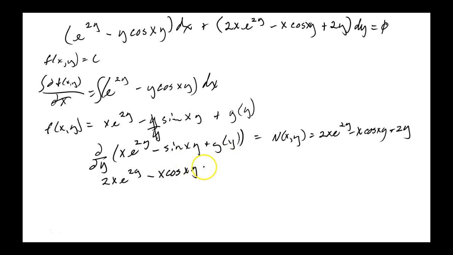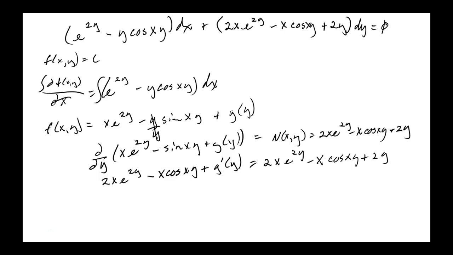Got it? Plus g prime of y. You got it. And that's supposed to be equal to 2x e to the 2y minus x cosine xy plus 2y. I hope I wrote it right.